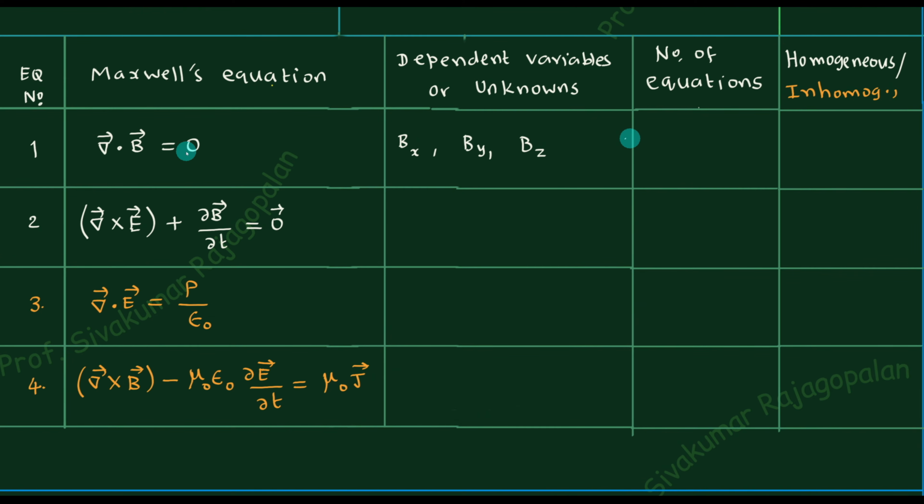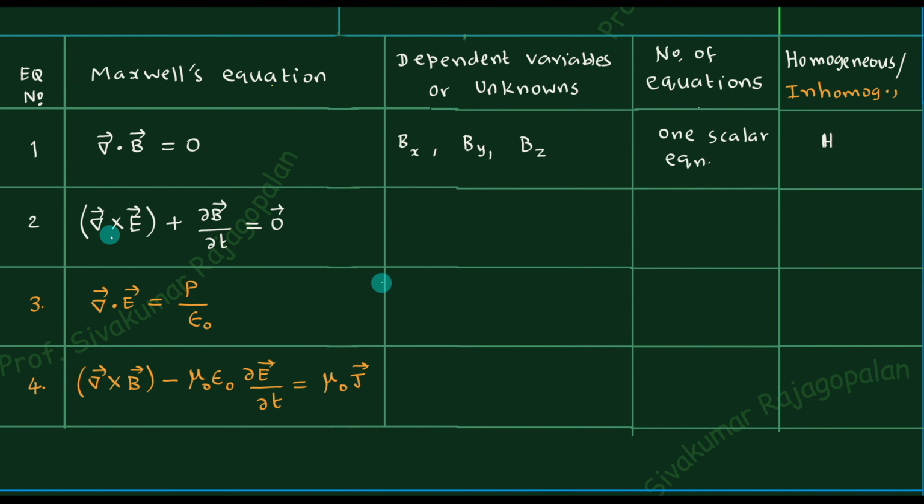Therefore, this is a single scalar equation. So I will write down that this is a single scalar equation. And finally, you already know whether the equation is homogeneous or not. I will simply write down H. I think that is enough. H means homogeneous.